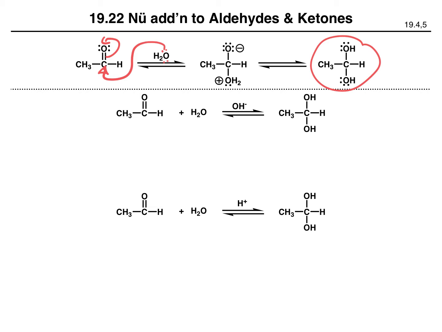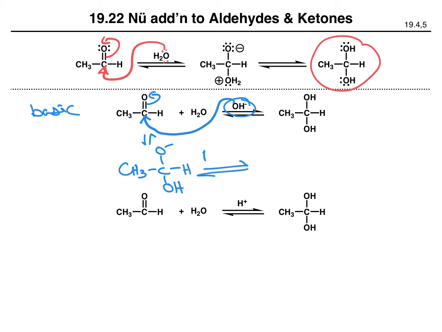But if the reaction is carried out under basic conditions, well, that means we're using hydroxide. Hydroxide is a much better base and so also a much better nucleophile. So this can share its electrons here, push these electrons up onto the oxygen, and that will give us this, which is OH from the hydroxide that was just added, and this is still the H. And now this can react with another molecule of water.